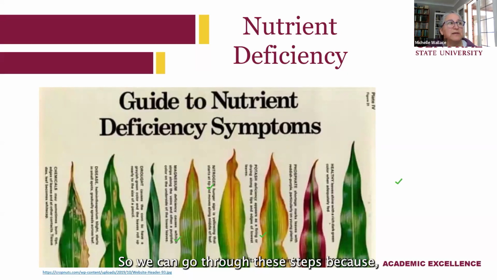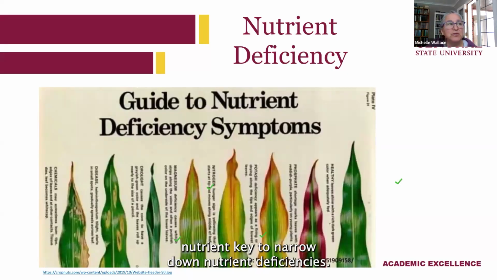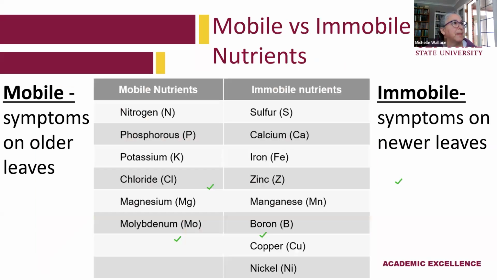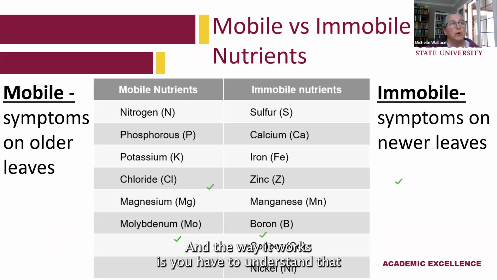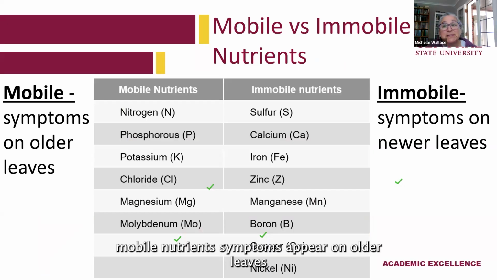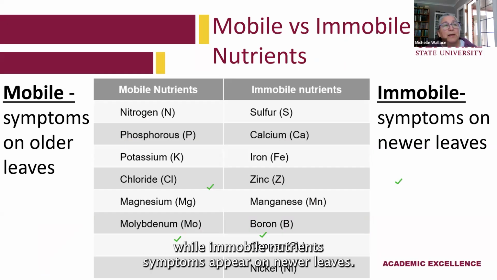So we can go through these steps because you can use a visual, immobile versus mobile nutrient key to narrow down nutrient deficiencies. The way it works is you have to understand that mobile nutrient symptoms appear on older leaves, while immobile nutrient symptoms appear on newer leaves.